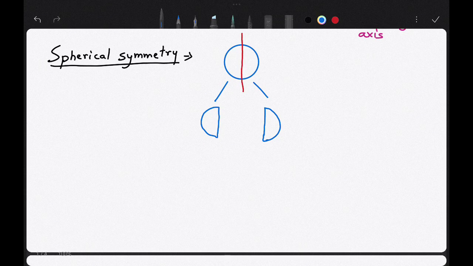Now, why do we see spherical symmetry? Because these organisms need minimum resistance.